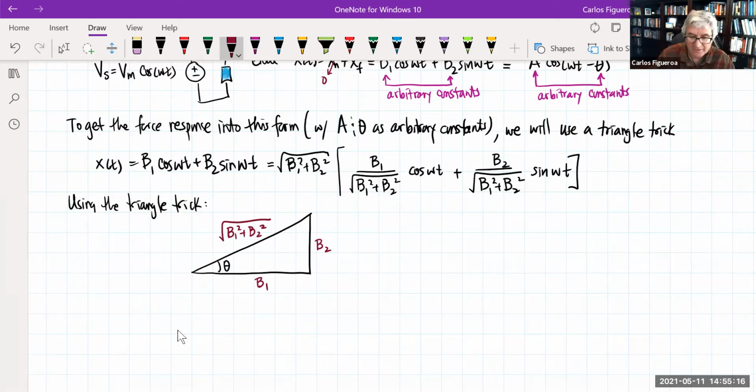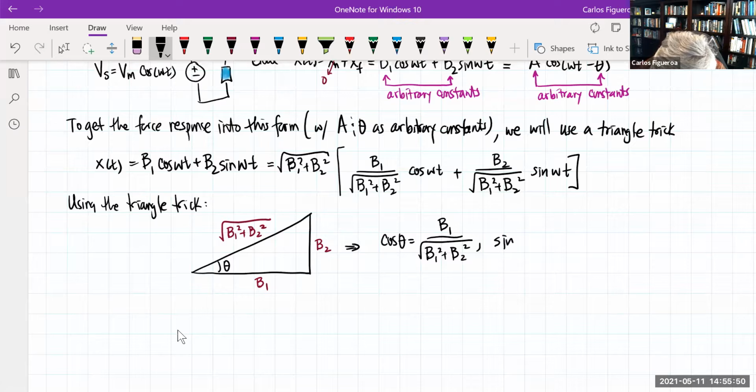So now that I have this, this implies that I can choose, look at the B1, so B1 over the hypotenuse, which tells me that theta being the adjacent angle, cosine of theta is going to be B1 divided by the square root of B1 squared plus B2 squared.